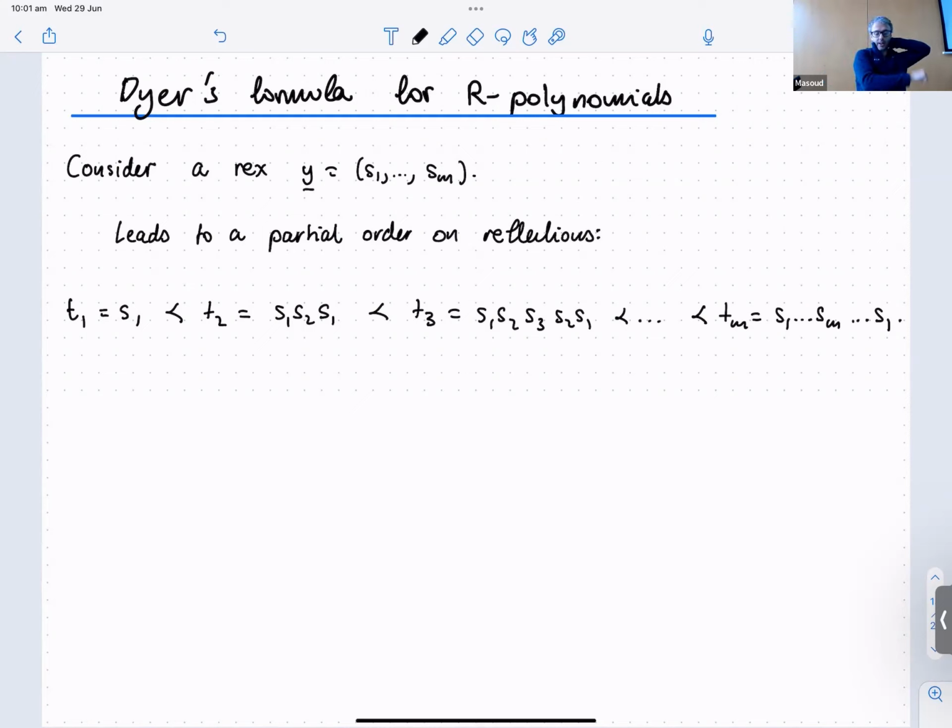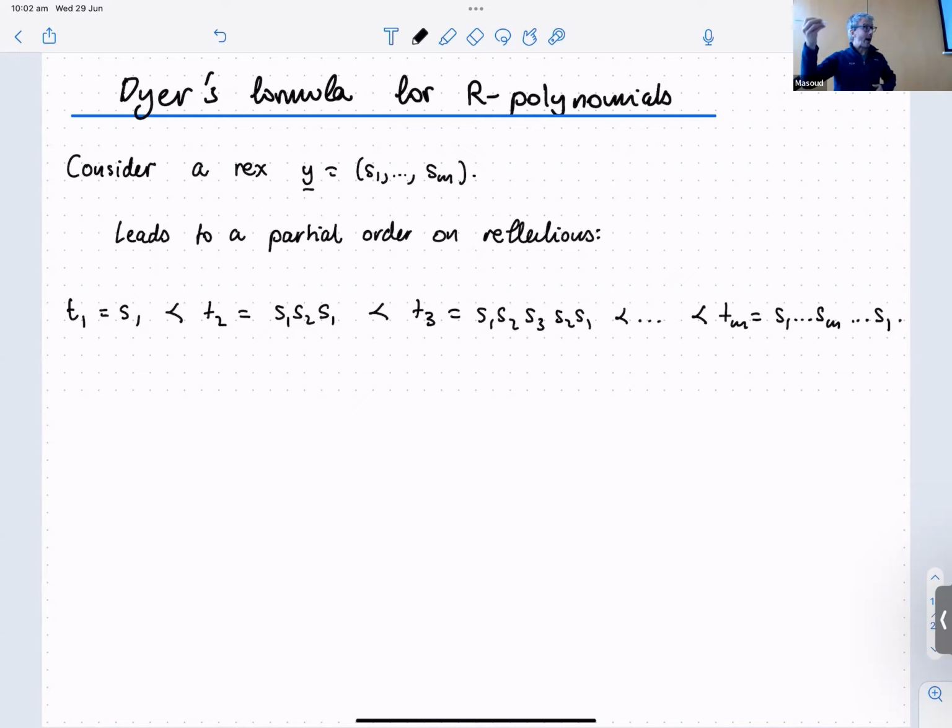We're doing our journey from the identity up to Y via right multiplication. If we repackage this in terms of left multiplication by reflections, then this would be the account of our journey in reflections. Another way of thinking about it geometrically, in terms of the Coxeter complex, is that as I go on my journey from the identity up to Y, I'm crossing various hyperplanes and recording which hyperplanes I'm crossing.